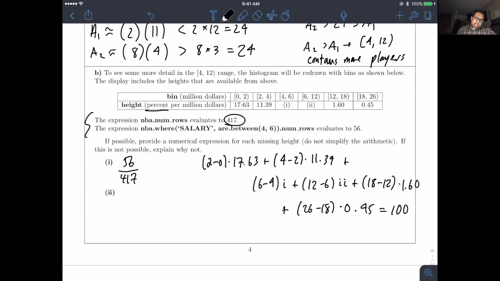Because we're talking about percent per $1 million. That's 100%, which we know is equal to 1, because all histograms areas must sum to 1. But here we're dealing with percent, so 100 is just fine, right?